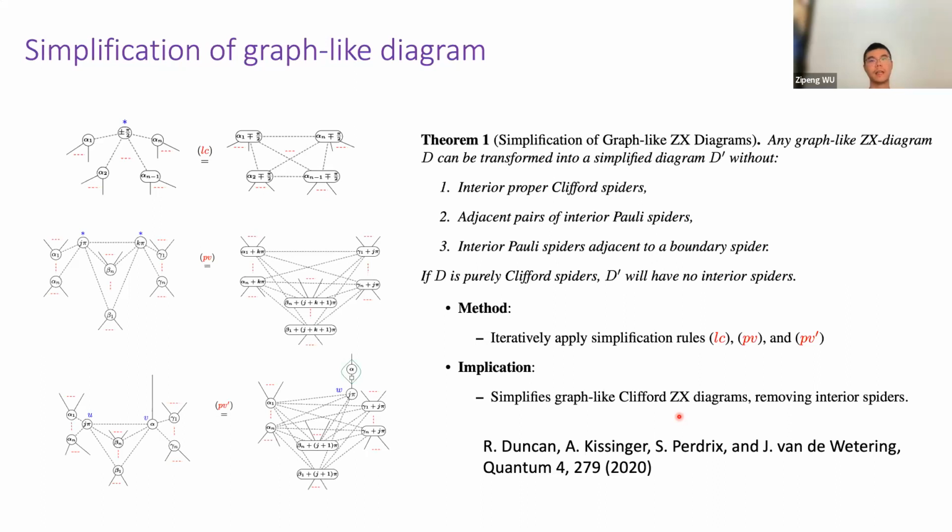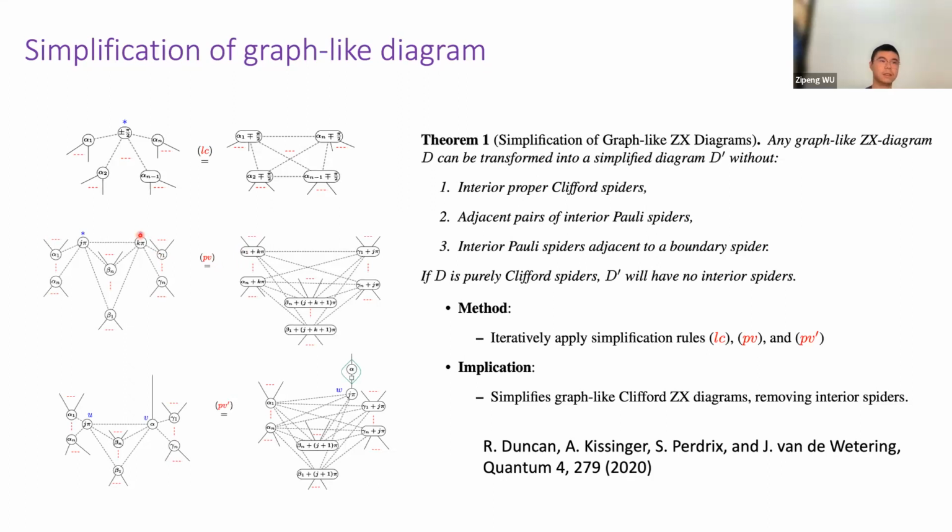So a graph-like ZX diagram includes boundary nodes and interior nodes. The local complementation rule can remove an interior node with the phase plus or minus pi over 2. And the pivoting rule can remove a pair of Z spiders with phases that are multiples of pi.